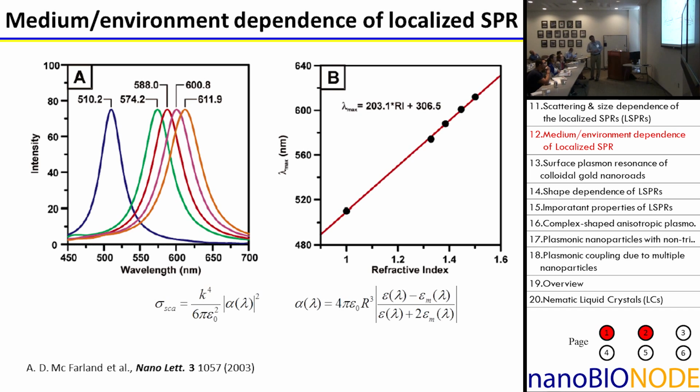And so you can see in here that as you would go from air to some high refractive index media like oil, which could have refractive index of the order of 5, this maximum wavelength peak will shift quite significantly.